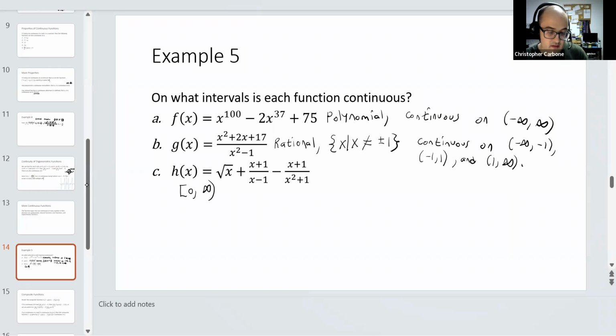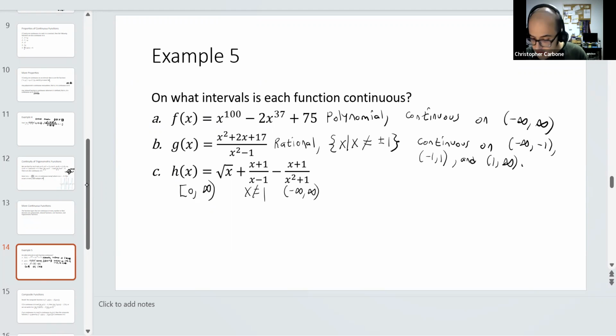For the second one, this being rational, the denominator can't be 0, which only happens when x is 1. And for the third, again rational, the denominator can't be 0, but luckily the denominator never equals 0, so this is continuous on all real numbers.